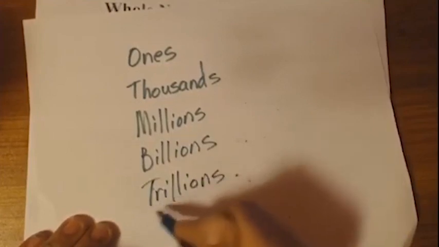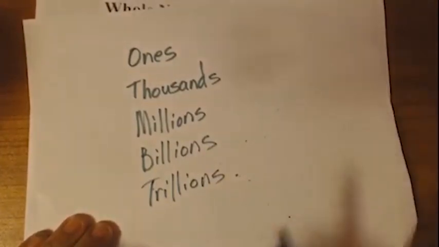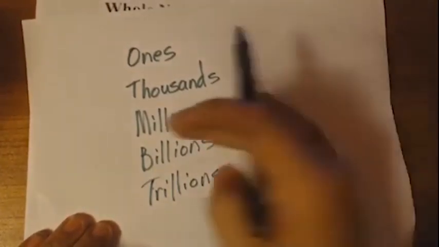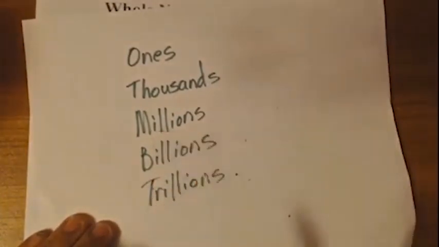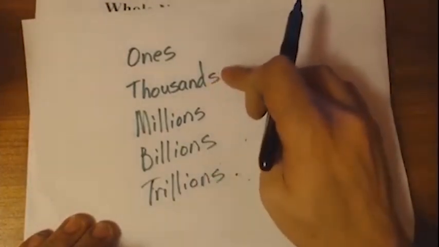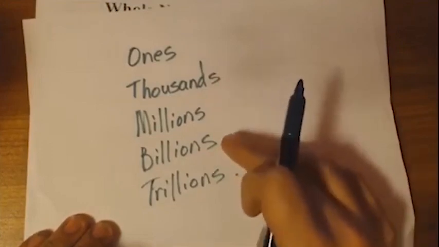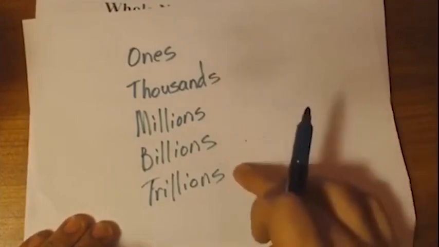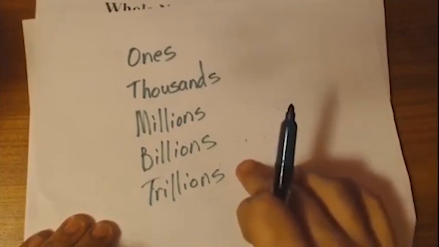Trillions, tri, 3. And then after that, quadrillions, quintillions. The pattern, bi, tri, quad, quint. That'll continue off as we go through our periods. Thousands, 10 thousands, 100 thousands, million, 10 million, 100 million, billion, 10 billion, 100 billion, trillion, 10 trillion, 100 trillion.